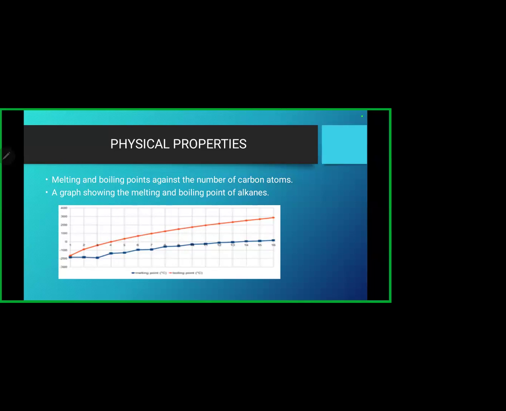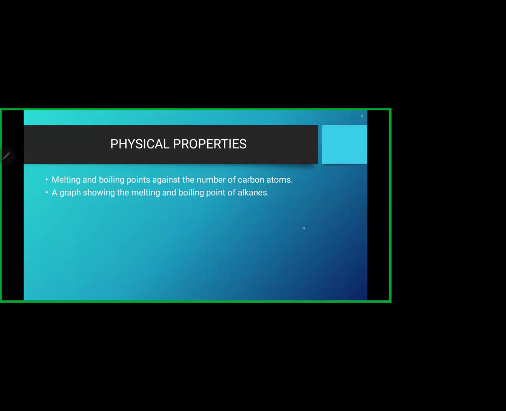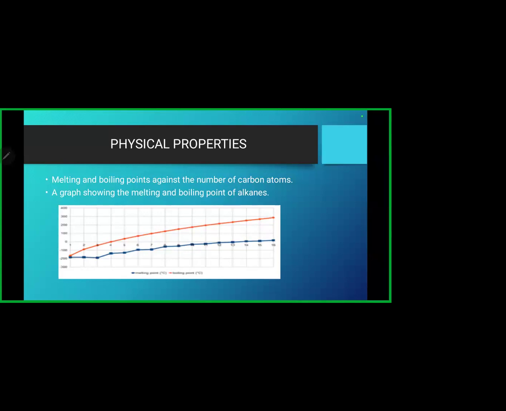So if we have, for example, one carbon atom like we can see here, and where you have 16 carbon atoms, you notice that the boiling and melting points are higher than when you have one carbon atom. So that means the number of carbon atoms has increased. And because the number of carbon atoms has increased, that increases the molecular mass.